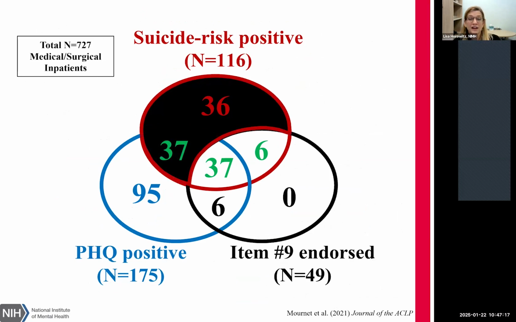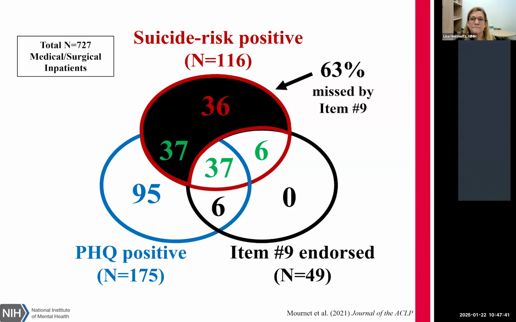And had you only relied on that item 9, which a lot of places did, you would have missed 63% of people who were at risk for suicide. So the conclusion from this study is, by all means, screen for depression because that's prevalent. But if you want to screen for suicide risk, you have to use a suicide risk specific screening tool.